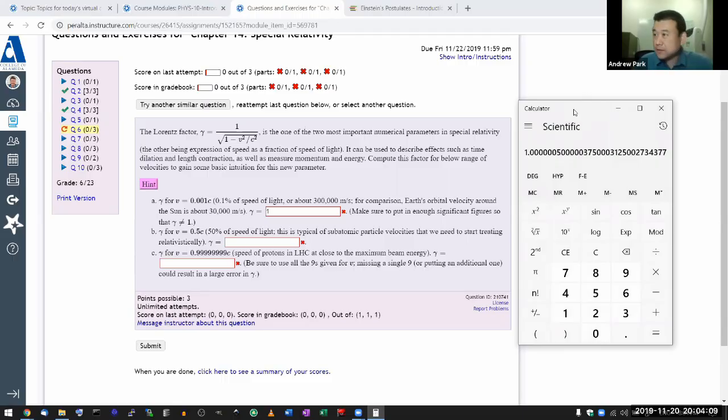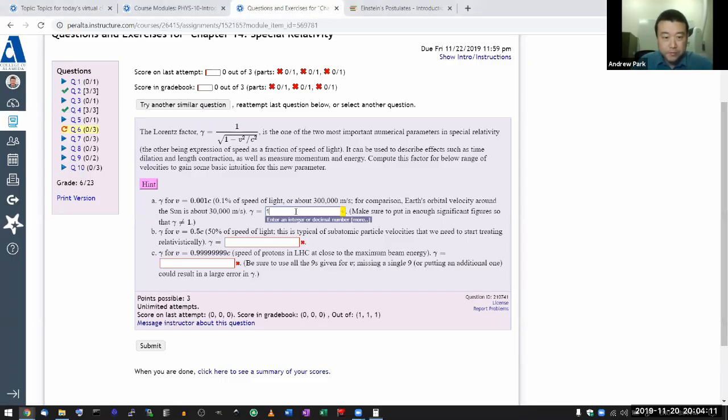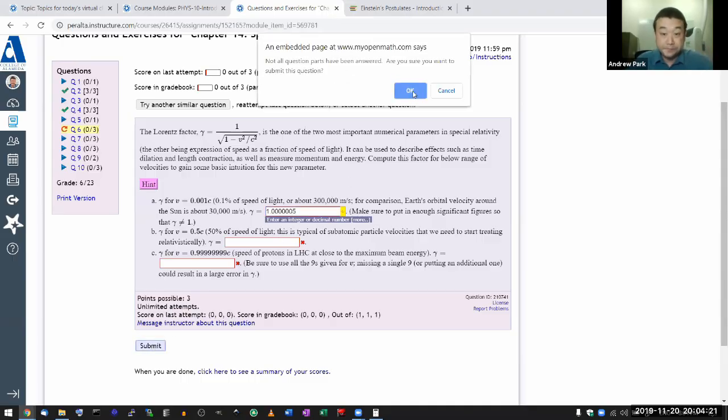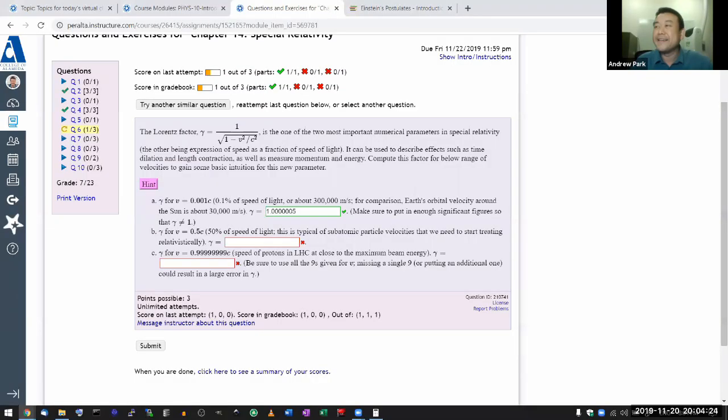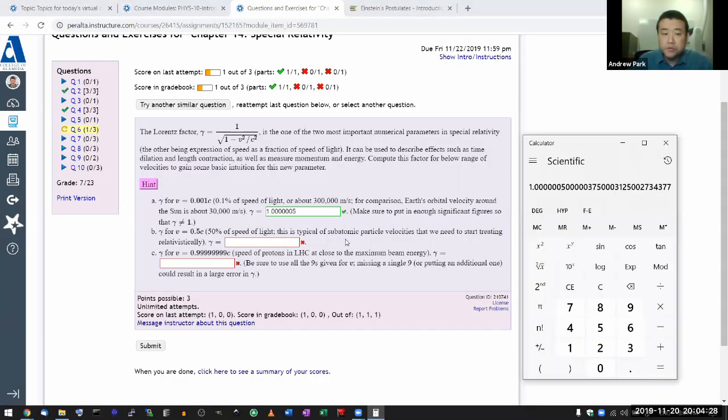So let me put this off to the side. So you have to put in 1.000, 3 more zeros, 0, 0, 0, 5. And after that, it should be fine. So it's correct. Yeah. So if you're using your calculator and if you're getting the wrong answer, what I would recommend that you do is check with Wolfram Alpha.